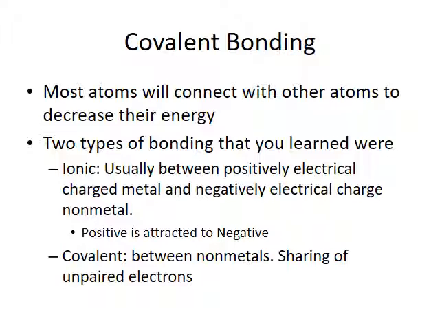Molecules are made out of atoms. A molecule is 2 or more atoms that are chemically combined in a specific ratio. So water has 2 hydrogens and 1 oxygen, chemically combined.